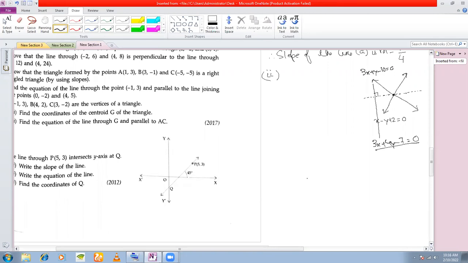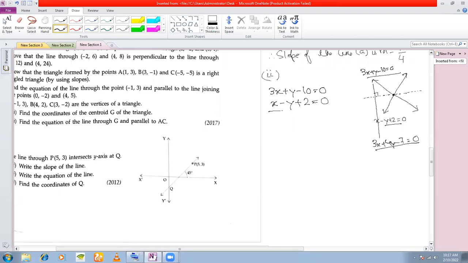Okay, so how do we find this equation? First of all, we find the point of intersection of these two straight lines. So what we do here is we solve these two equations. You have 3x plus y minus 10 is equal to 0, and you have x minus y plus 2 is equal to 0.